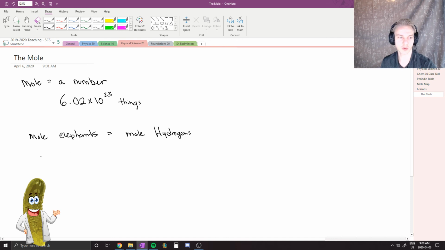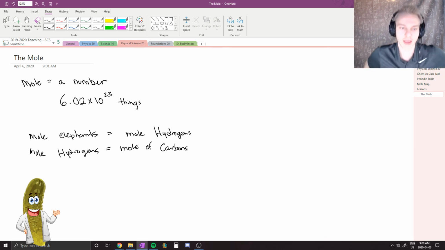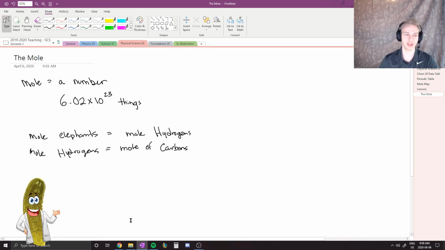And if we're talking more specifically about what we're working on right now, a mole of hydrogens is also equal to a mole of carbons. That can be a mole of anything. 1 mole of one thing is always equal to a mole of another thing, and as such, it allows us to convert really nicely between units.